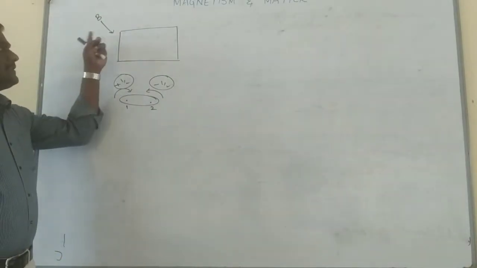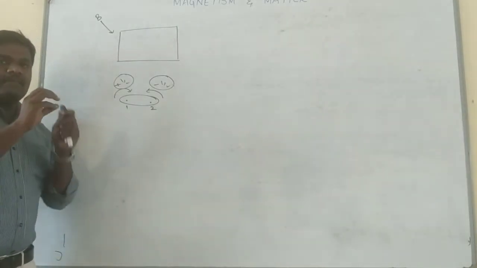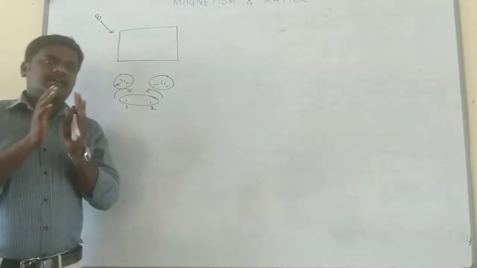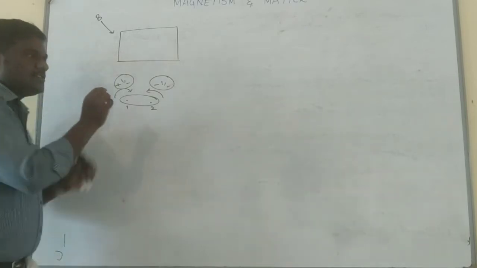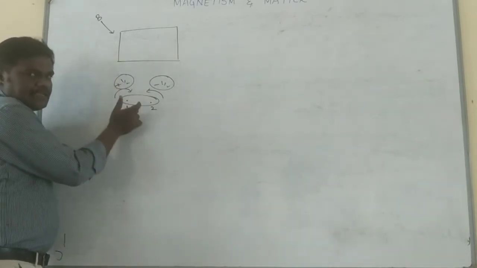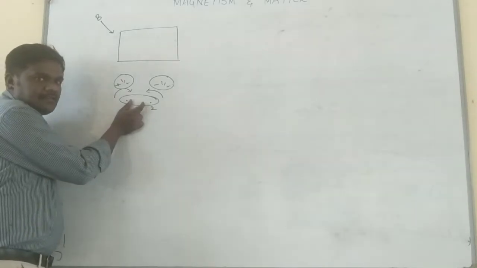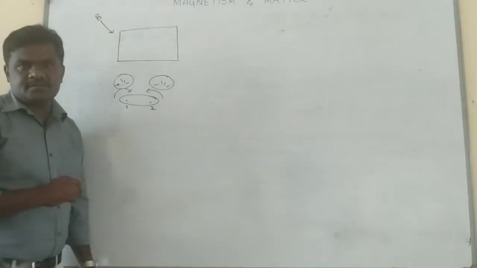Now, in the presence of this external magnetic field, the velocity of these paired electrons will increase. Due to the increase in velocity, there is a slight differentiation. Pairing has happened, but a slight distance will arise between these two electrons, because of which a small magnetic dipole moment will be produced.